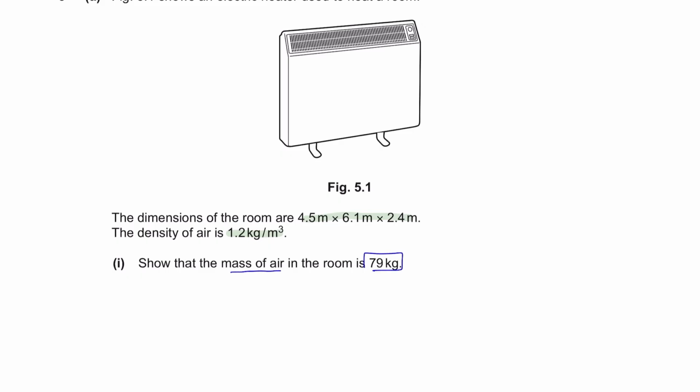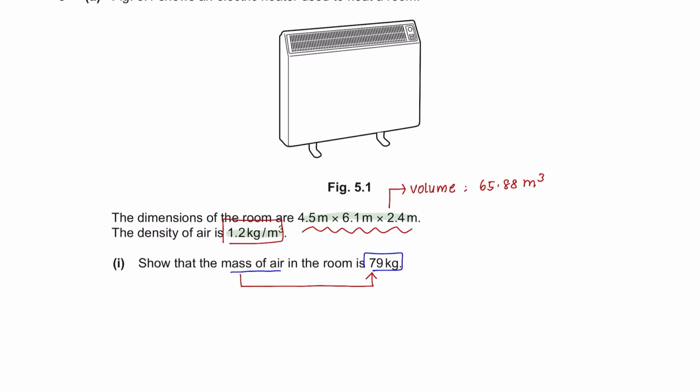They have given you the dimensions, 3 values. This means that these dimensions will give you the volume of the room, which is 65.88 meters cube. They have given you the density of air, which is 1.2 kilogram per meter cube, and they just want you to prove the mass is 79 kilograms.